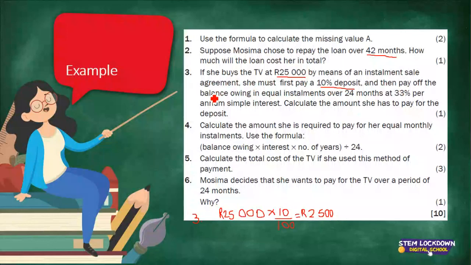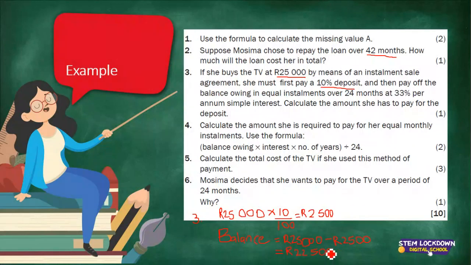Okay, so this one is easy. 25,000, always use your calculator just in case. Subtract 2,500. So my balance in this case is 22,500. So this is our balance, right?